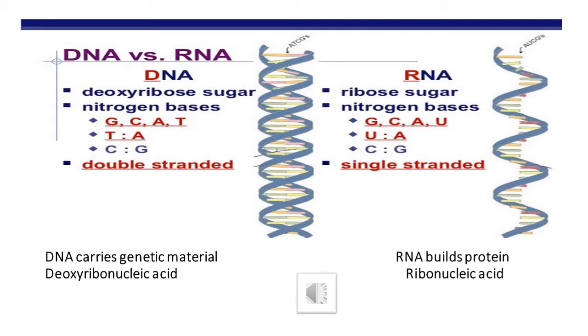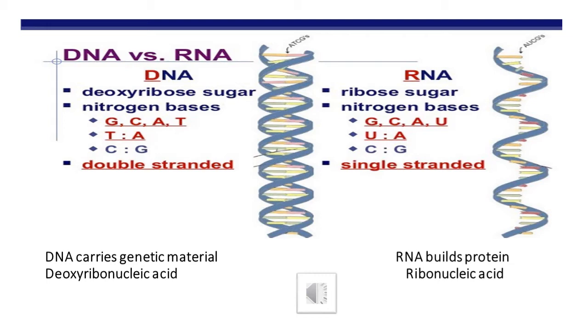But DNA has A, T, C, G, or adenine, thymine, cytosine, guanine. And they have the same phosphate and sugar, but they differ in nitrogen base.